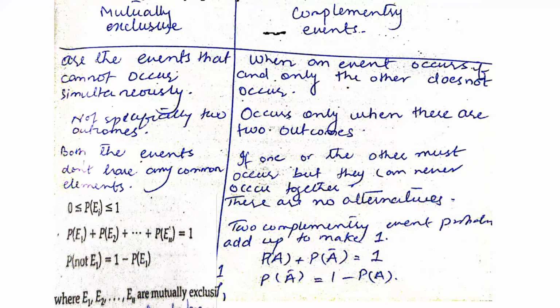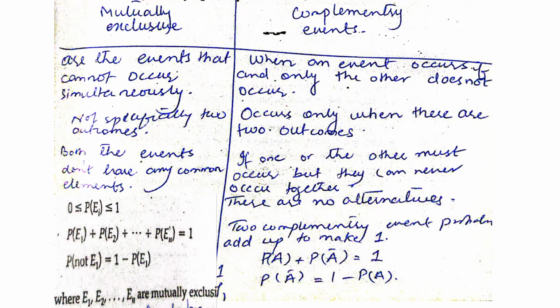It's just to differentiate the two events. Likewise, complementary events: when an event occurs if and only if the other does not occur, there are two outcomes, and one or the other must occur, but they can never occur together, meaning there is no alternative. The two complementary events have some rules, which I will explain later on.